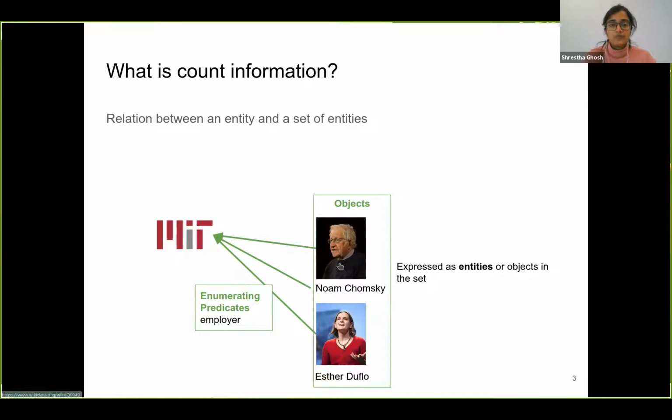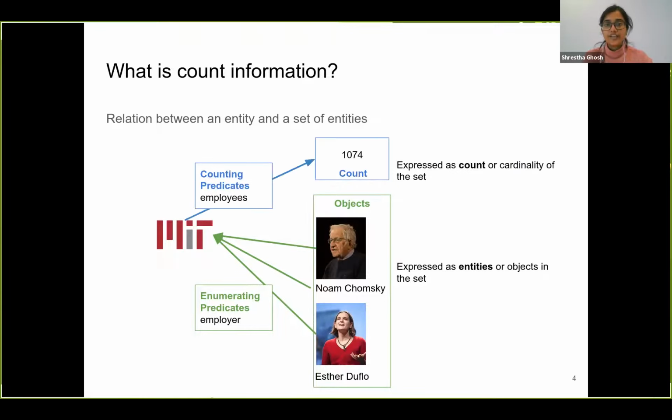So Noam Chomsky and Esther Duflo are related to MIT via the relation employer. Or it can also be expressed as a count. Basically, MIT has 1,074 employees, which is a count representation of the set of entities which are connected to MIT as employers.